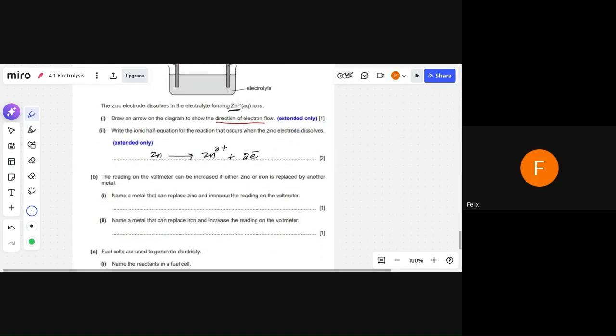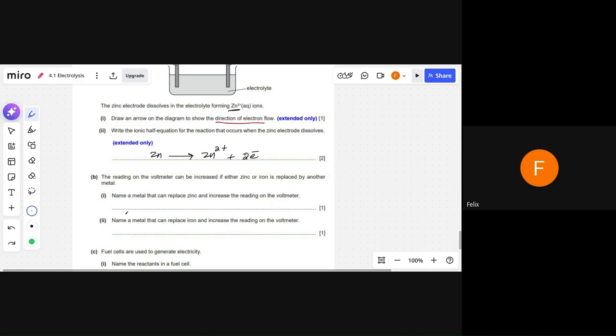Next part, the reading on the voltmeter can be increased if either zinc or iron is replaced by another metal. Name a metal that can replace zinc and increase the reading on the voltmeter. Any metal above zinc in the reactivity series will increase the reading.